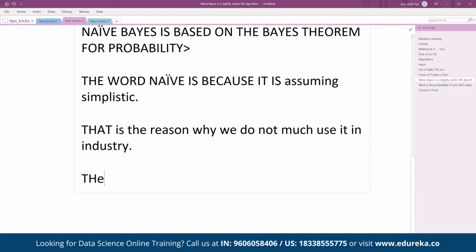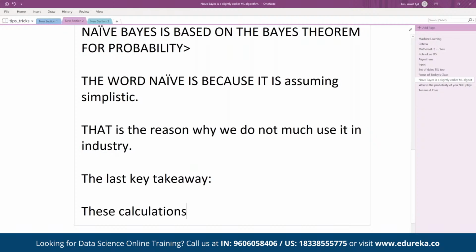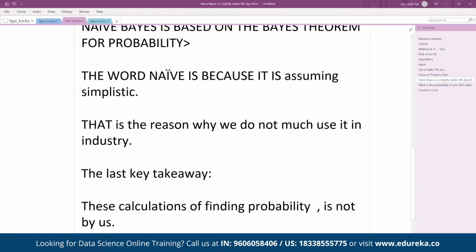The last key takeaway for you is that these calculations of finding probability are not done by us. Who will do this? It will be done by the machine. That's why it's a machine learning algorithm.